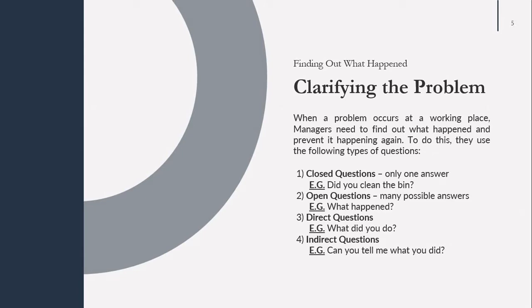Secondly, open questions. These are types of questions which have many possible answers. Third, direct questions. Example, what did you do? Fourth, indirect questions. Can you tell me what you did?